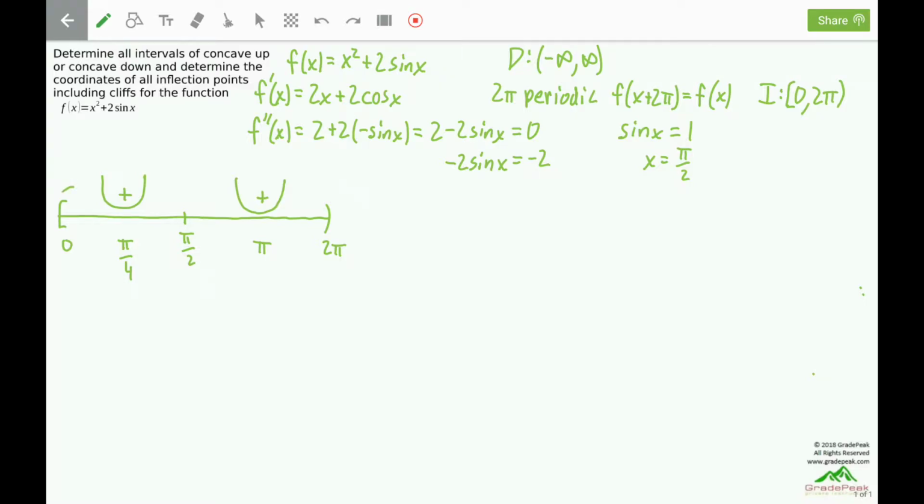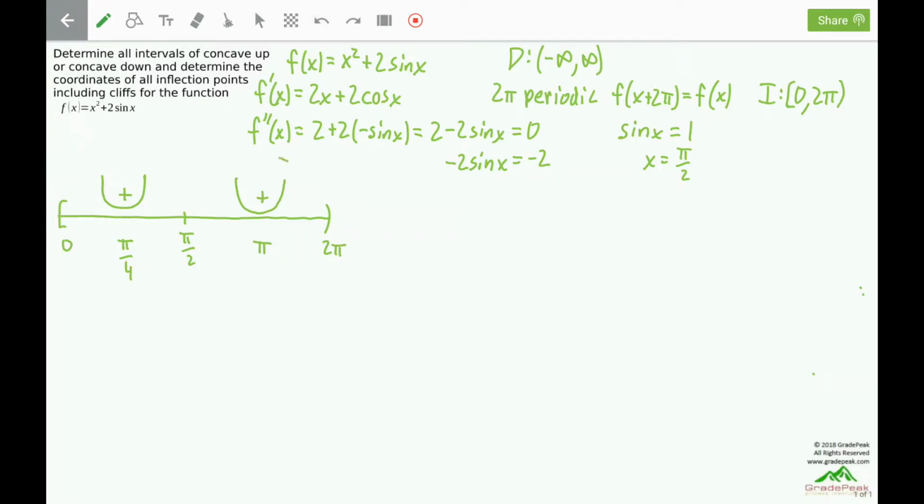The left endpoint here is included, this 0. And that's because 2 pi, the right endpoint, which is not included, is equivalent due to the 2 pi periodic nature of sine x. And that means that these two intervals connect onto each other because this repeats itself every 2 pi radians.